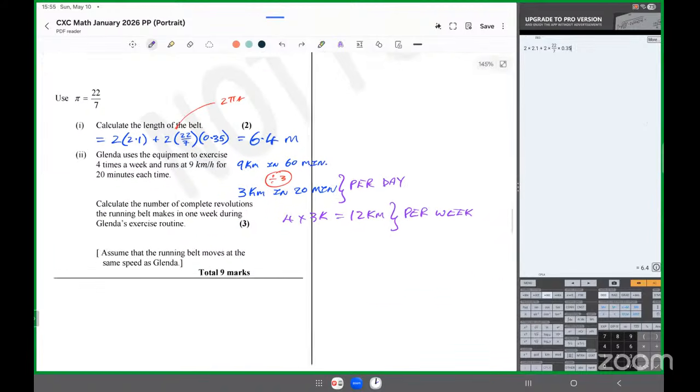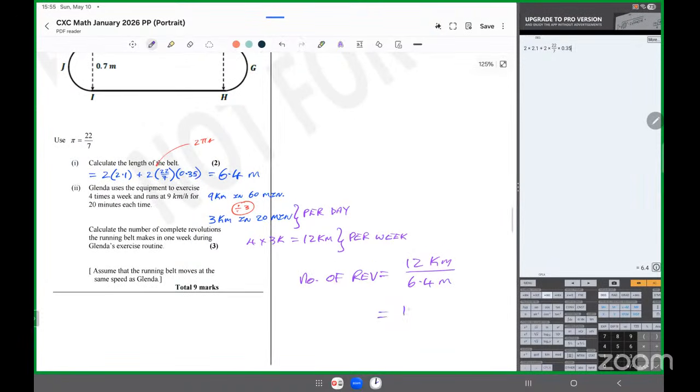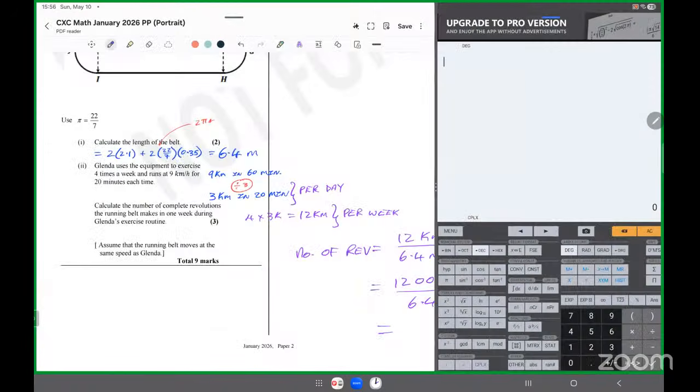So the number of revs becomes the total distance traveled, which is 12 kilometers, divided by the length of the belt, which is 6.4 meters. Convert this to meters now. It becomes 12,000 meters over 6.4 meters, and that's going to be the answer. 12,000 divided by 6.4.